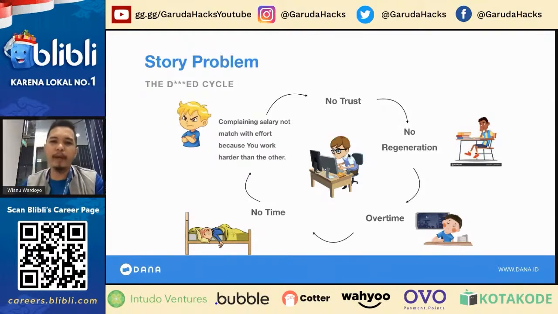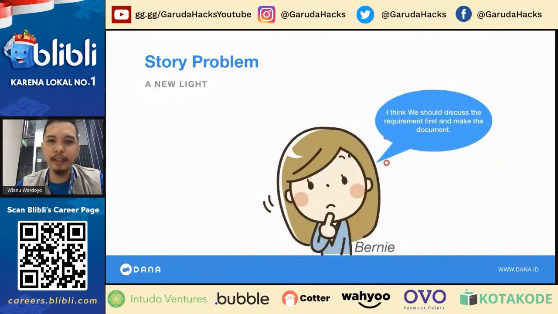You need to prepare something so you and your team can align on the requirement, what you will do and what they will do, right? So the solution is this: a new light. The new light makes Bernie think, I think we should discuss the requirement first and make a document.